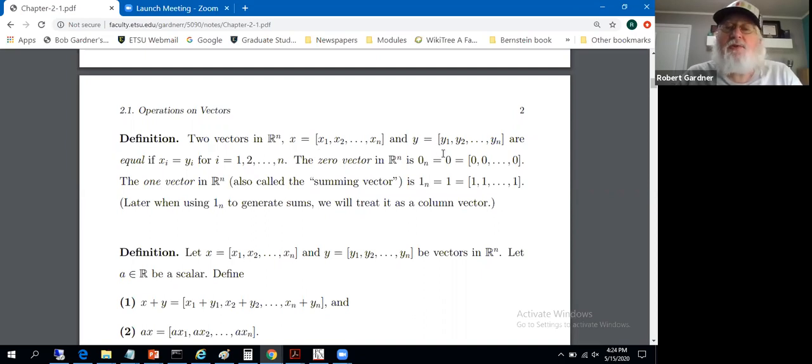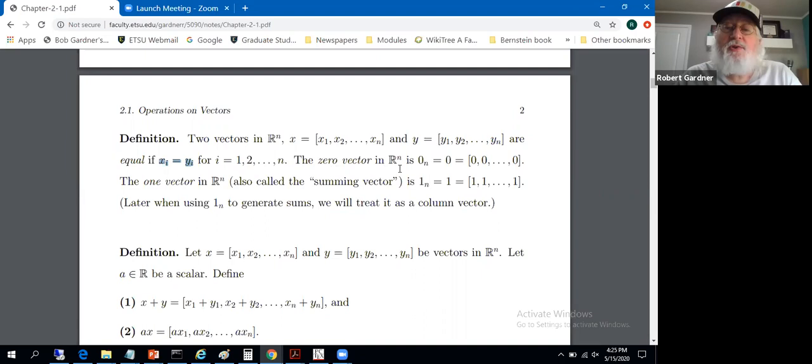We say that 2 vectors in Rn, x with components x1 through x sub n, and y with components y1 through y sub n, are equal if their corresponding components are equal. Just a quick side comment. The point (x1, x2, through x sub n) doesn't have coordinates, it has components, just to get used to the lingo.